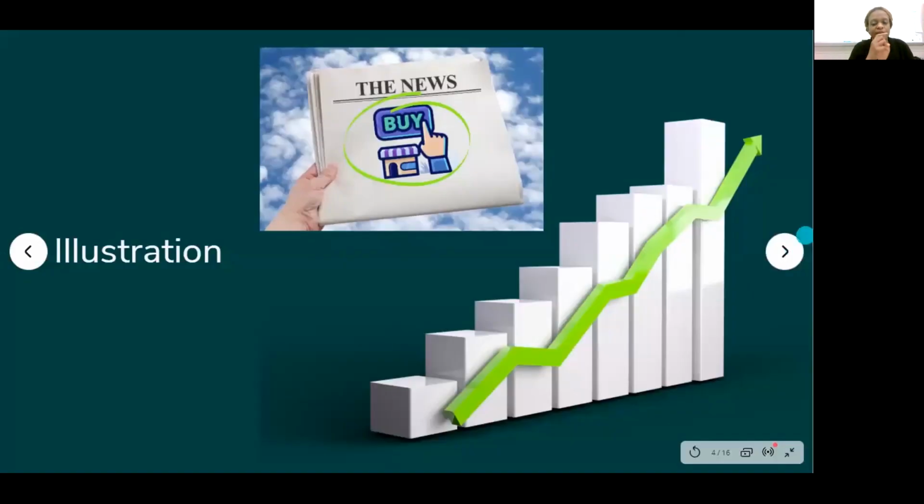All right, the next component of an advertisement is the illustration. So some advertisers use illustrations that appeal to the reader, even though they may have little or no direct relation to the product that's advertised.